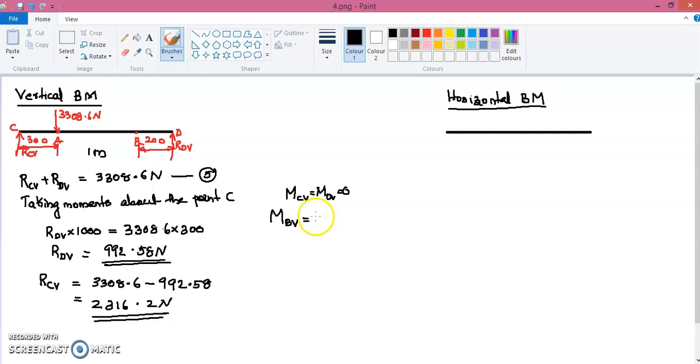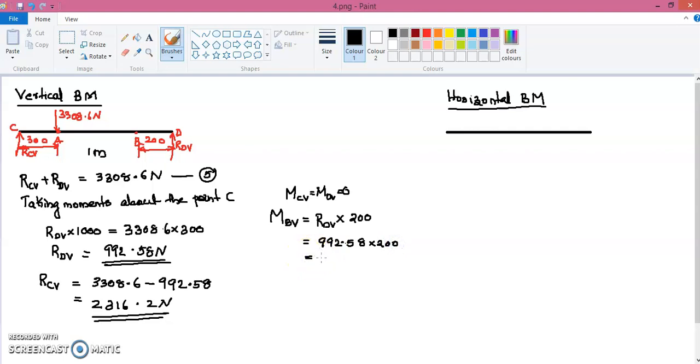So I can write this equation as RDV into the distance, 200 millimeter. We know the value for RDV as 992.58 and the distance 200.